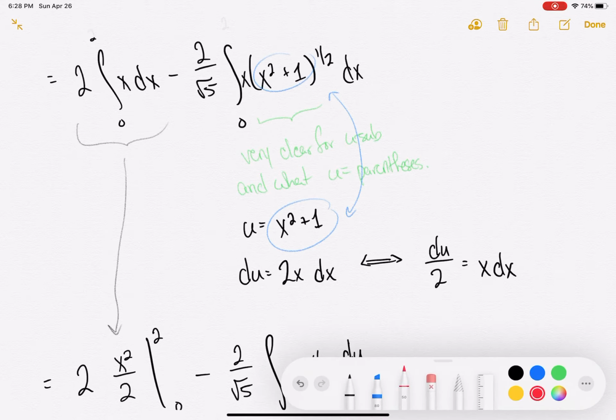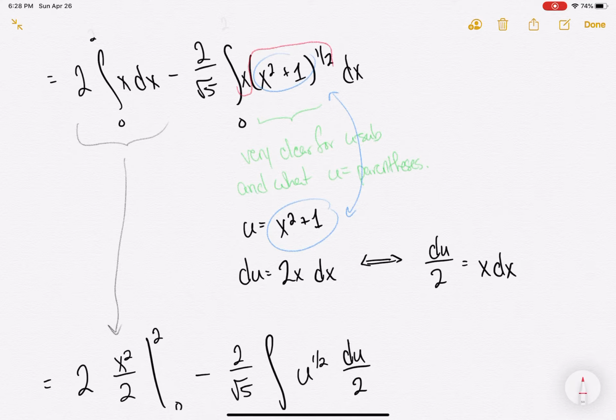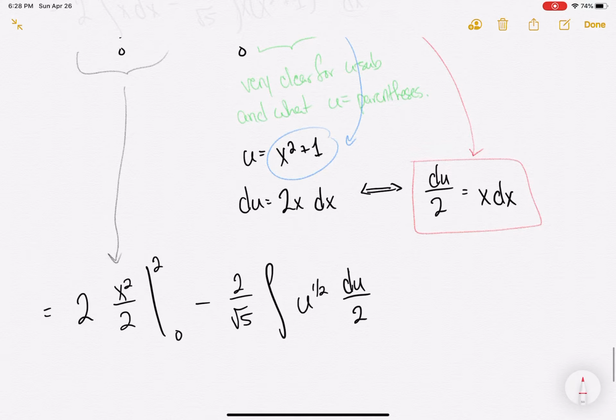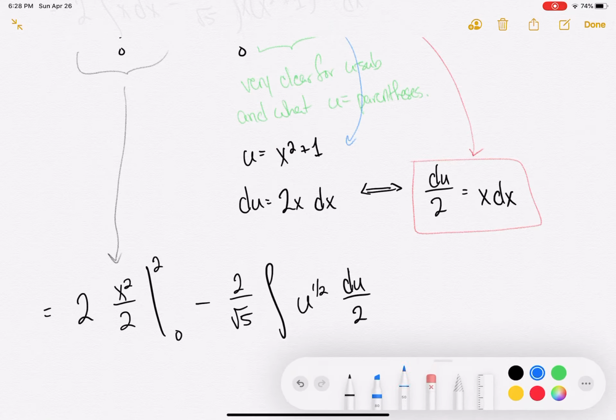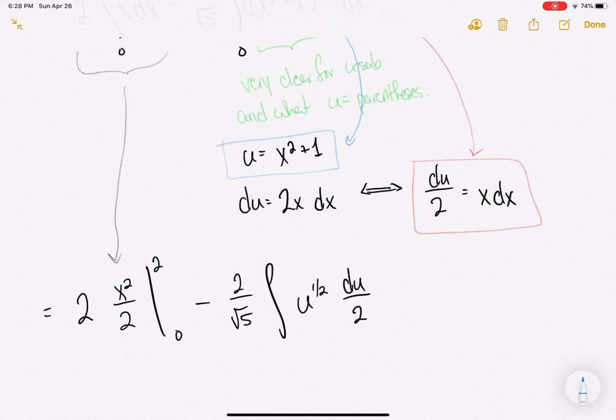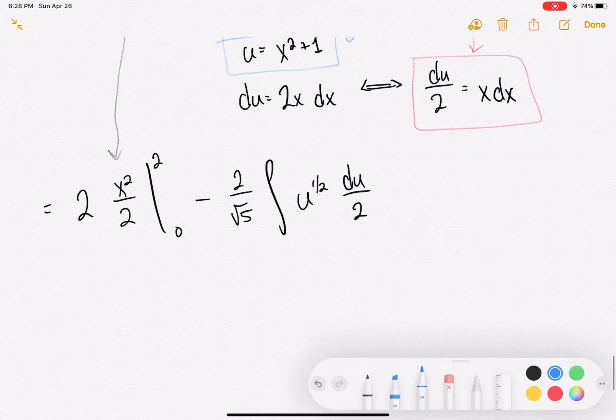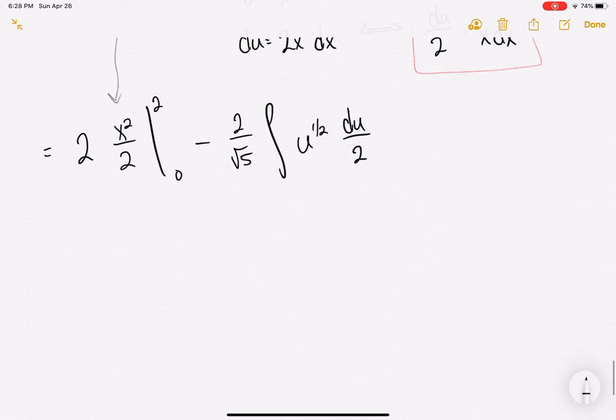And du is this piece, du over 2, right? Okay, so that's where u to the 1/2 and du over 2 come from.